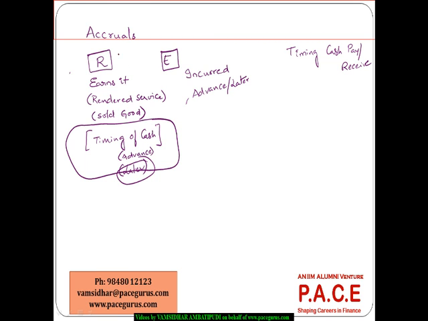So the entries that are getting created to address this particular mismatch between the revenues and the expenses recording time and the time at which the cash is getting paid or received. So this is where the accrual entries are coming into the financial statements, and four combinations.